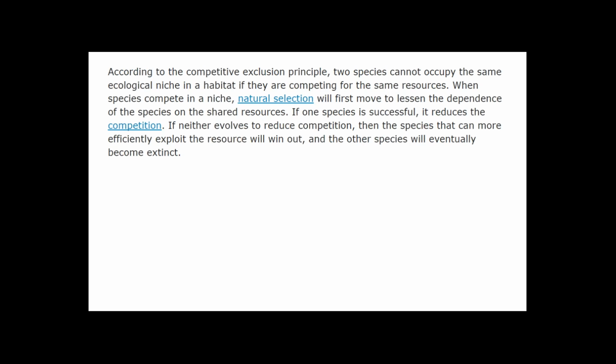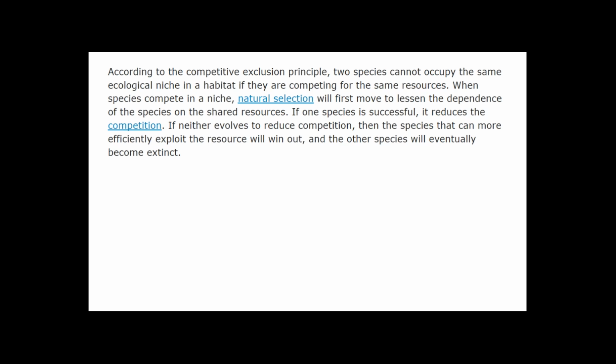And according to the competitive exclusion principle, two species cannot occupy the same niche in the habitat if they are competing for the same resources. When species compete in a niche, natural selection will reduce the dependence of the species on a shared resource.